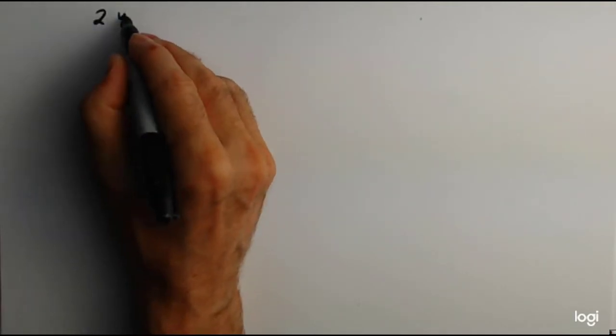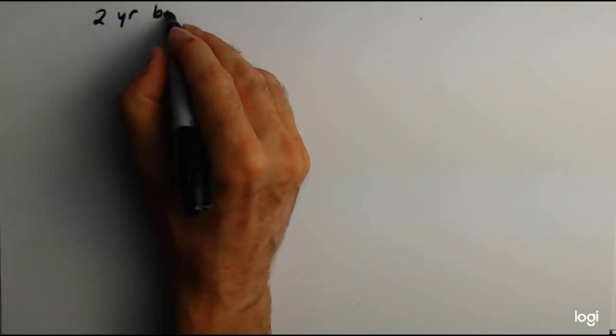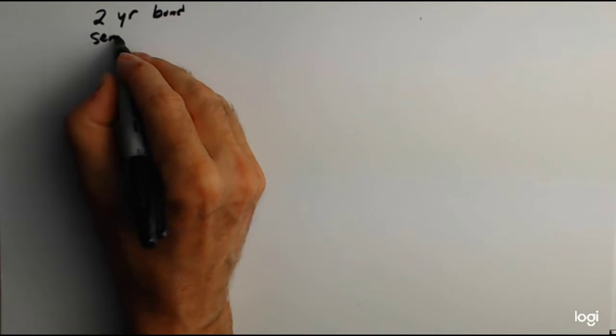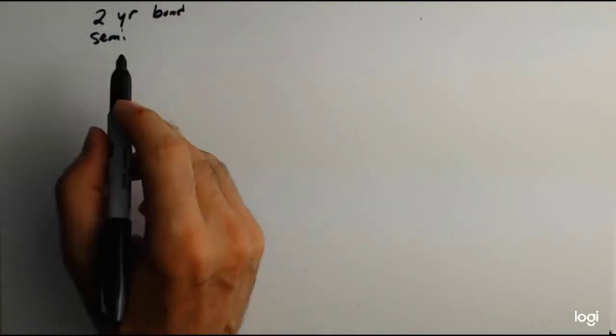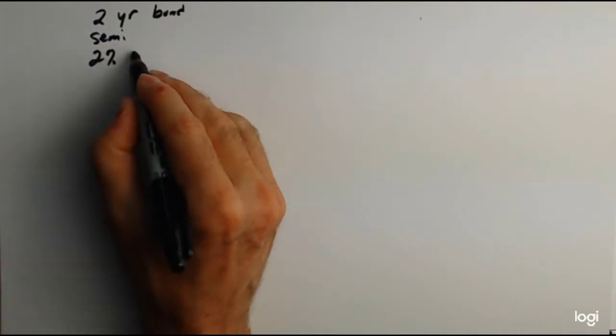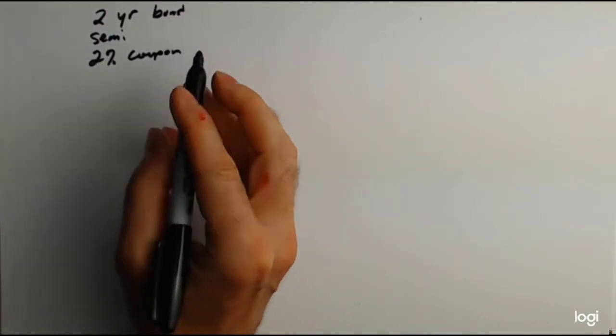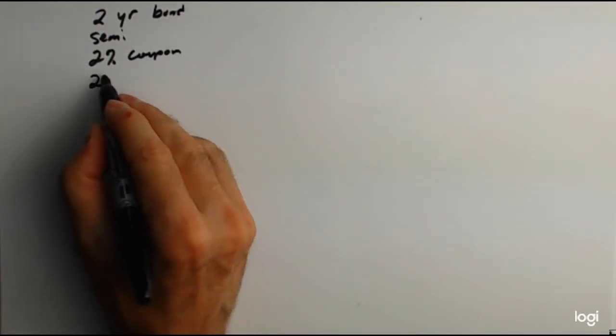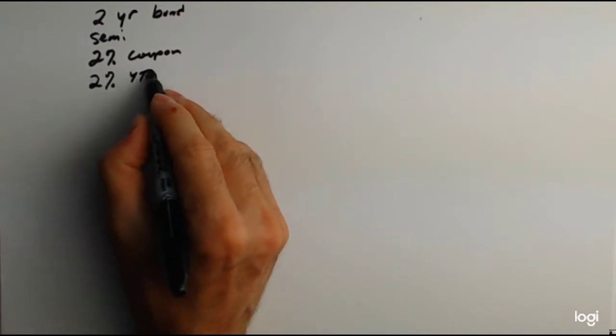Probably the best way to introduce zeros is through coupon bonds. So let's start out with a 2-year bond. It pays interest semi-annually, every 6 months, and we're going to say the coupon is 2%. And we're going to say that there's a 2% yield to maturity in the world.